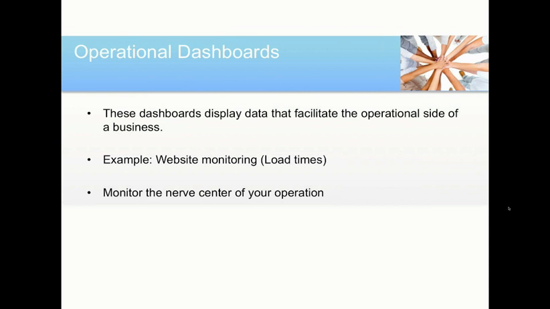And so we have a dashboard for website monitoring, and it monitors load times for each page of the website. So you can have different operational dashboards, but that's just one example. It really monitors the nerve center of your operation. So whatever that may be for your industry.